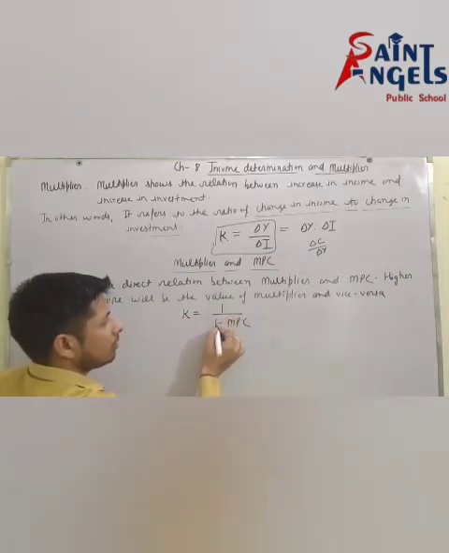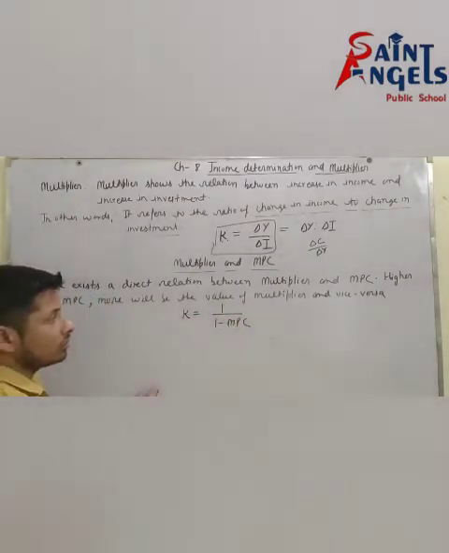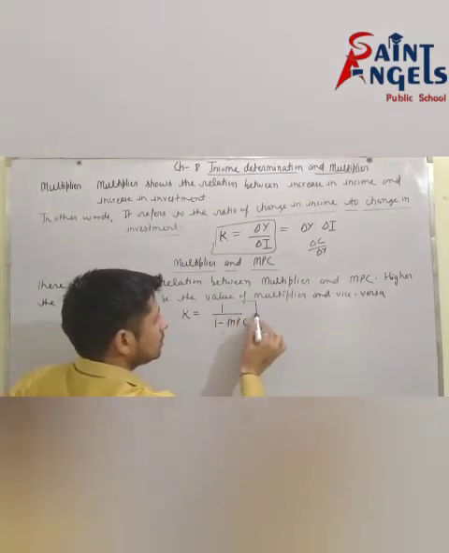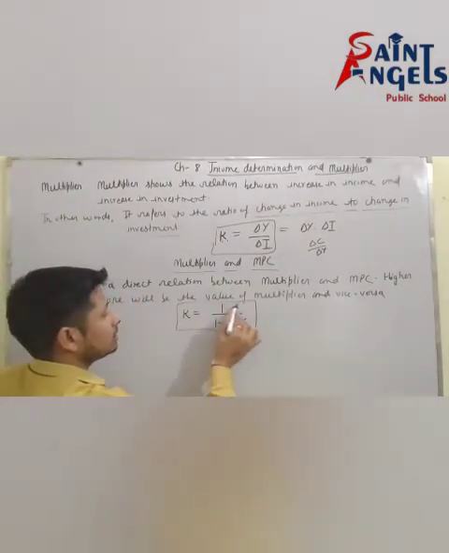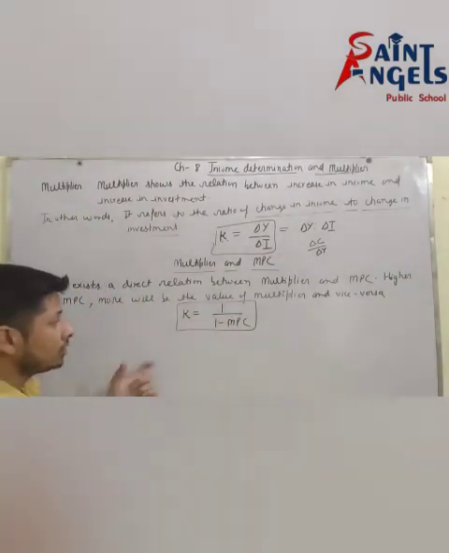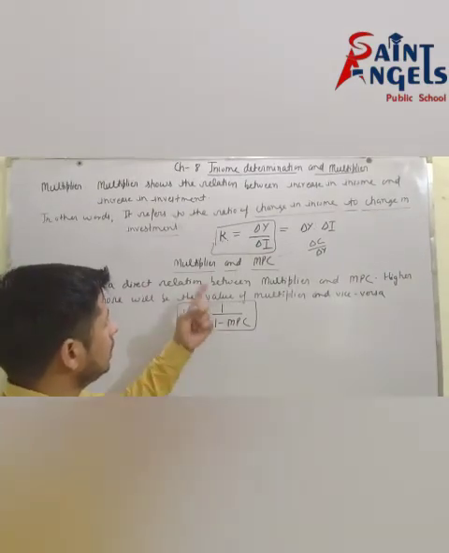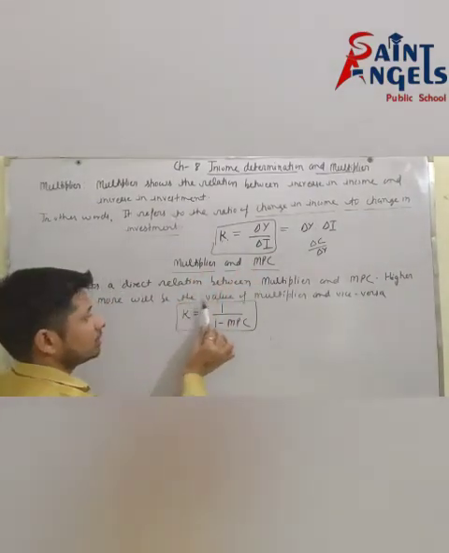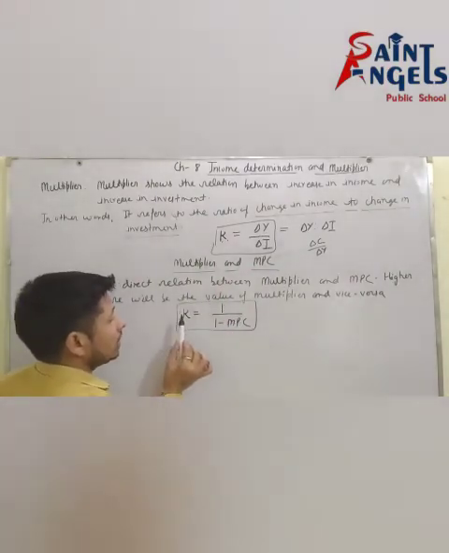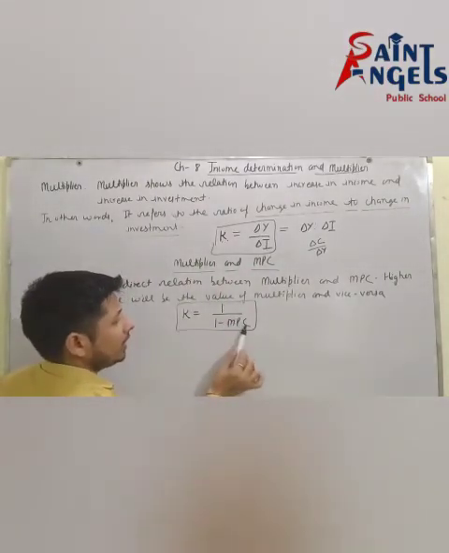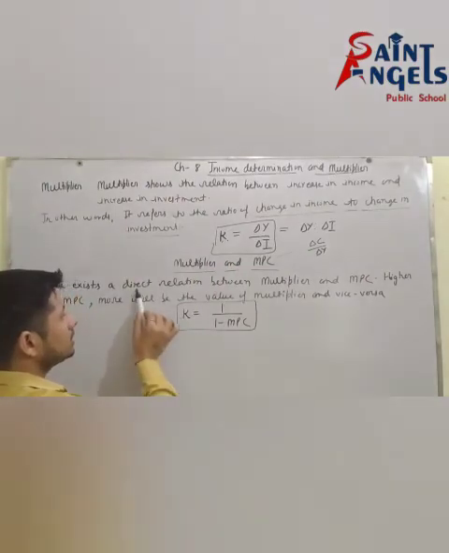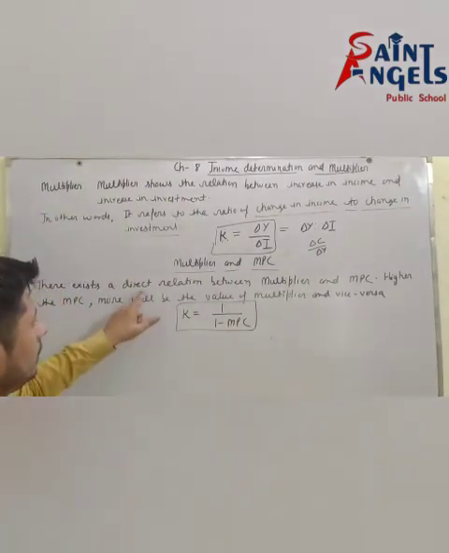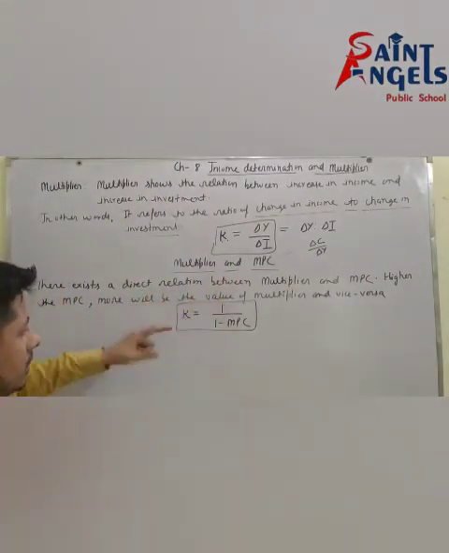This is the formula which shows the relation between multiplier and MPC. And you know that there is a direct relationship between multiplier and MPC.